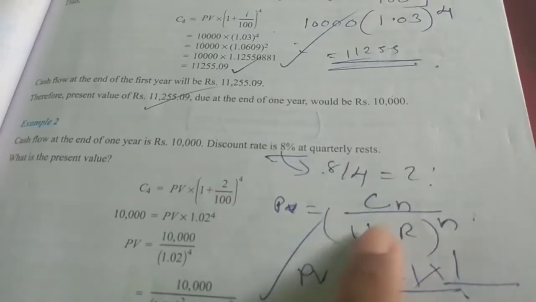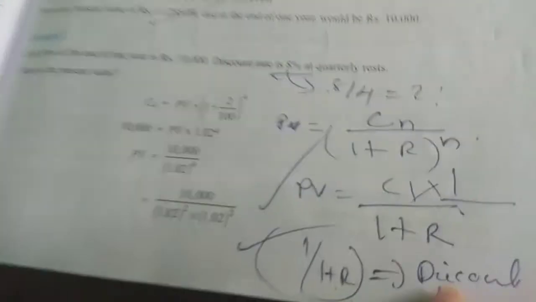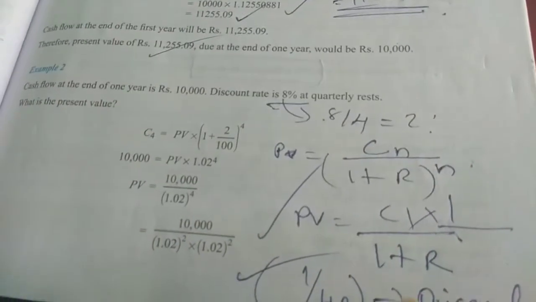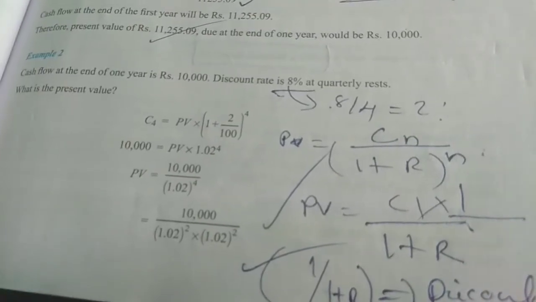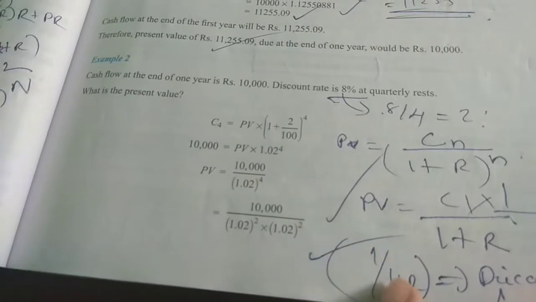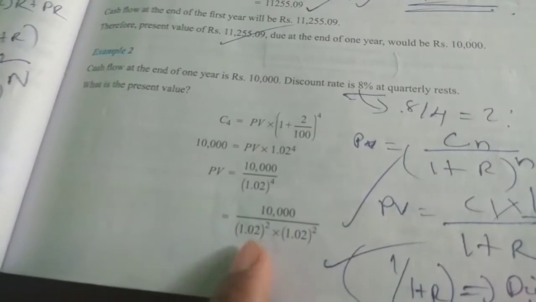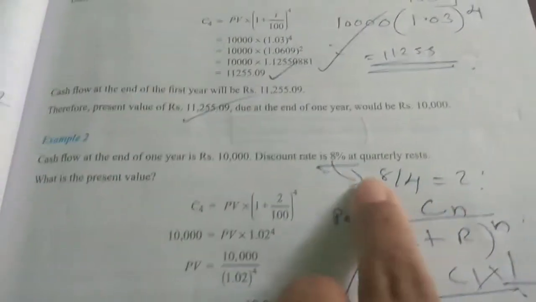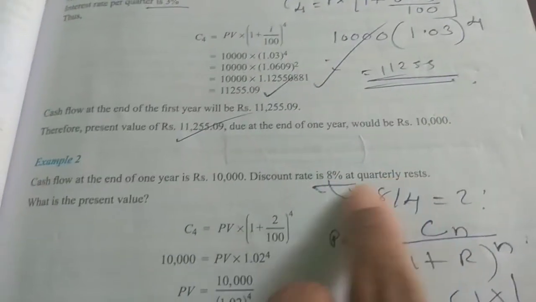Here we can use present value equal to Cn by 1 plus R all raised to n, that is present value is cash flow into 1 by 1 plus R, where 1 by 1 plus R is the discount factor. So the discount factor for 4 quarters is 1 by 1 plus R whole raised to 4. That is used here, 10,000 by 1.02 whole raised to 4. We get this 2% by dividing 8 by 4 because it is for quarterly compounding.